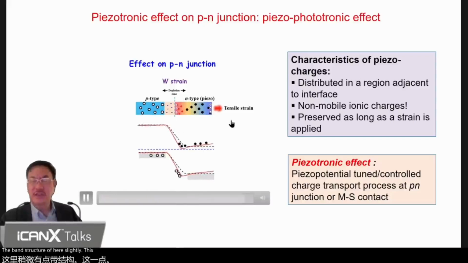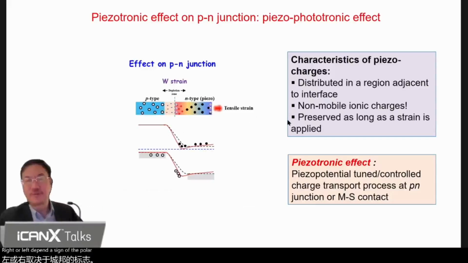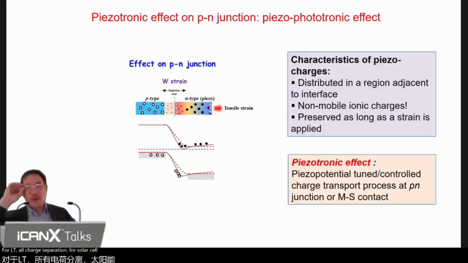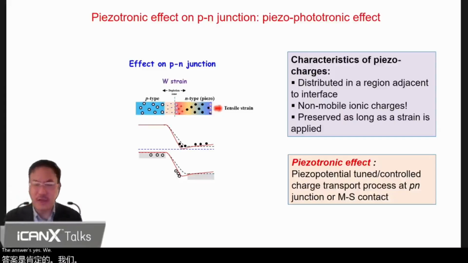This slight change not only changes the band structure, but also shifts the depletion zone right or left, depending on the sign of the polar charge. So the question: can we utilize this effect to control the charge recombination for LEDs or charge separation for solar cells? The answer is yes, we can utilize it to do that.